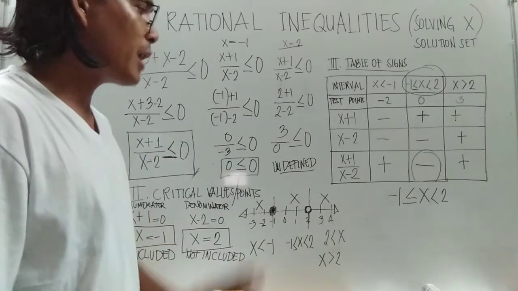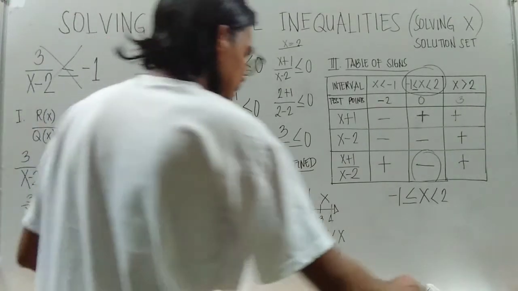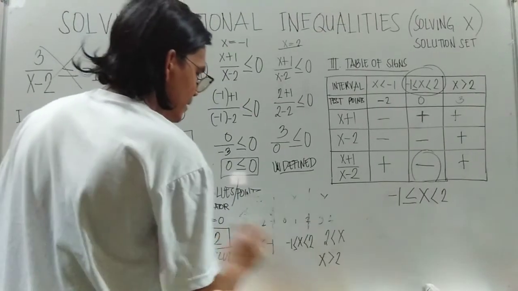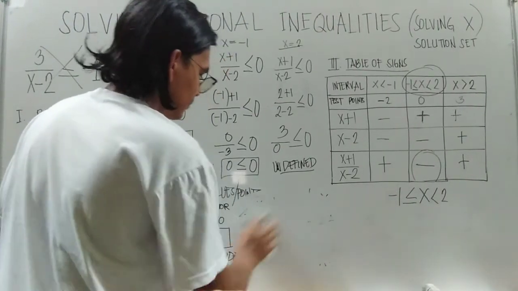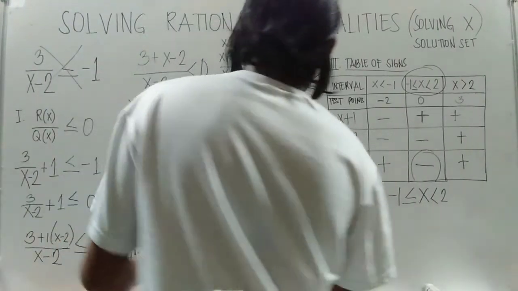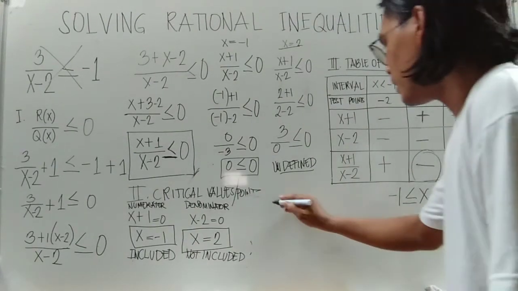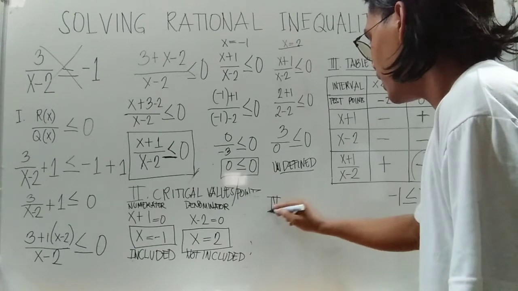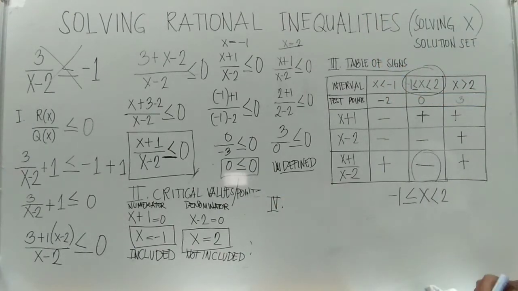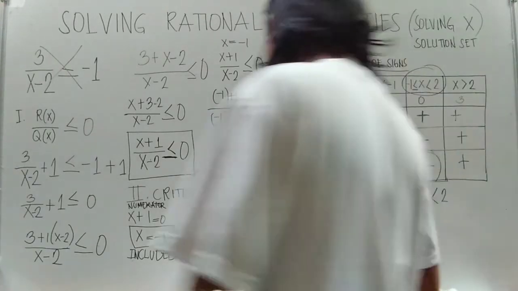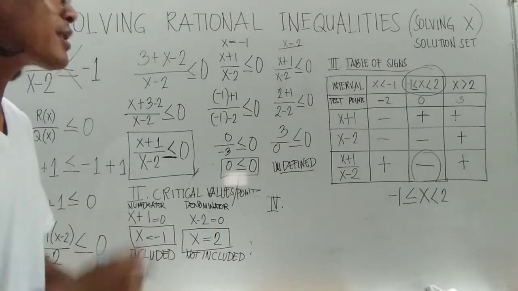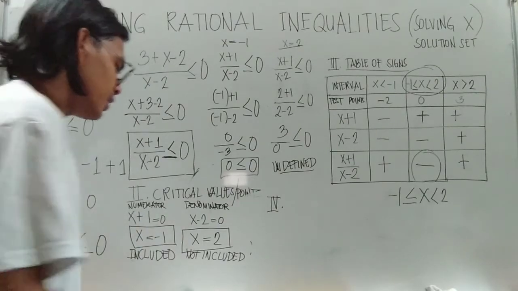So we have step number 4. I will erase this part. On step number 4, we will be writing your solution set based on this interval. We have three ways to write your solution set.